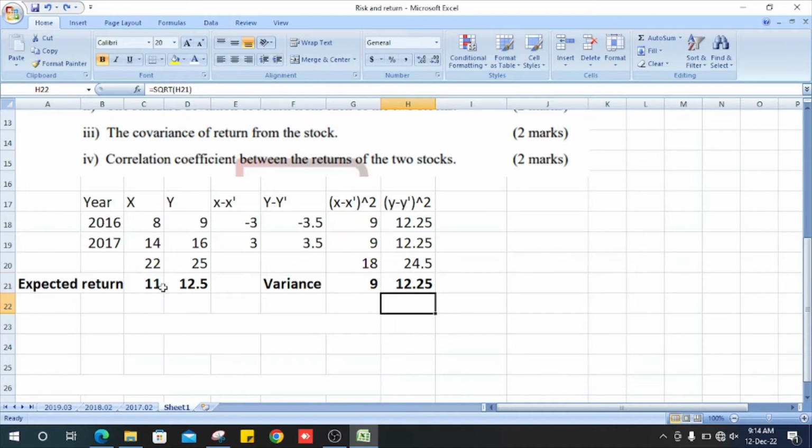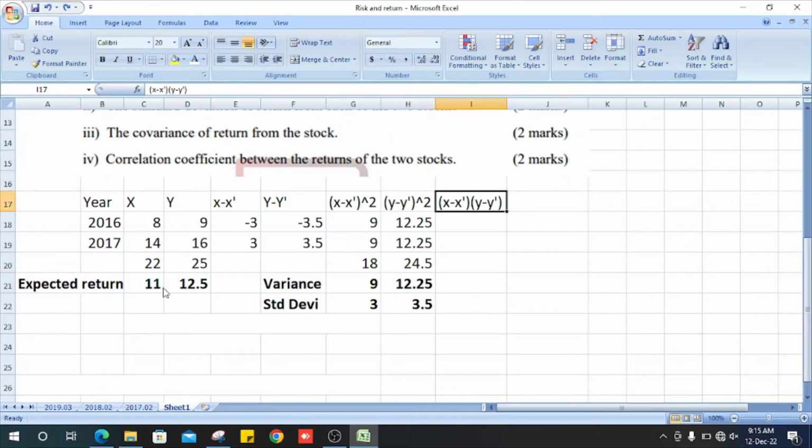How do we get the standard deviation from variance? The square root of variance is the standard deviation. For X, the variance is 9 and the square root of 9 is 3. For Y, the variance is 12.25 and its square root is 3.5.